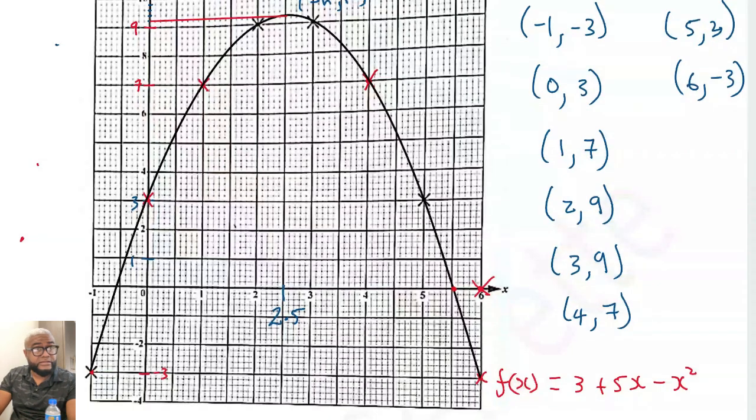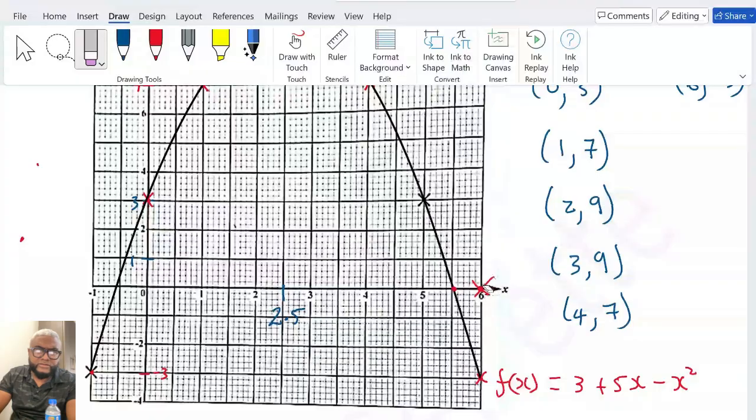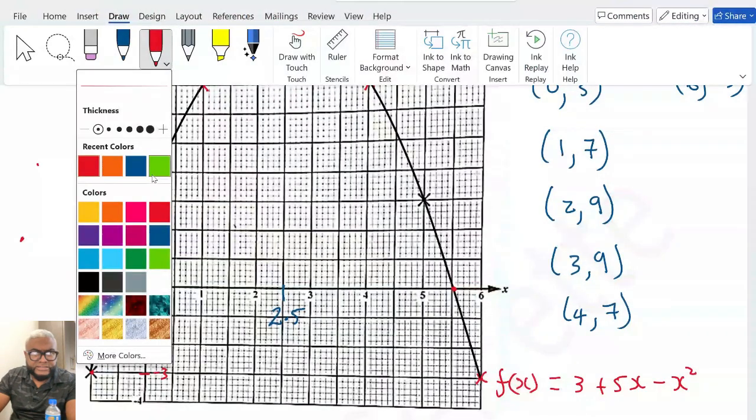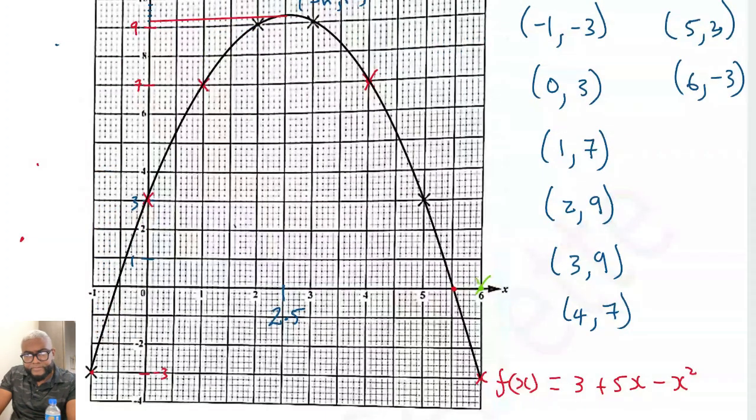Everybody good there? Let me put it in a different color. Okay, let me put this in green. So we are here. 6 on the x, 0 on the y is on the x-axis itself, right? What's the next coordinate? 0 on the x and 3 on the y.